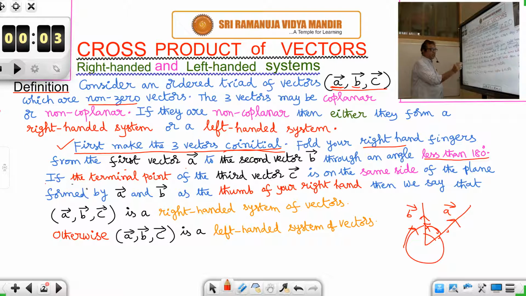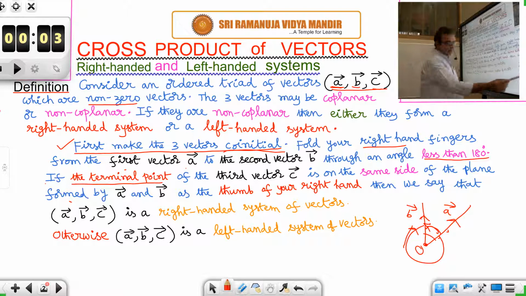Now consider the third vector C bar. Its initial point is here only; all three vectors have the same initial point. If the terminal point of C bar is on the same side of the plane formed by A bar and B bar as the thumb of your right hand, then we say that A bar, B bar, C bar is a right-handed system.